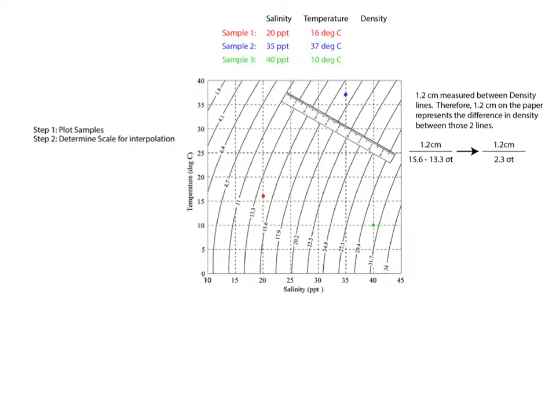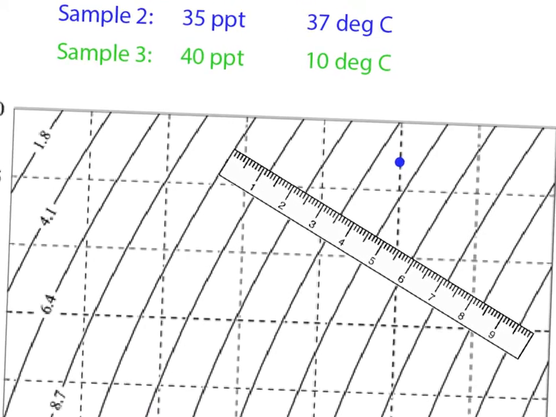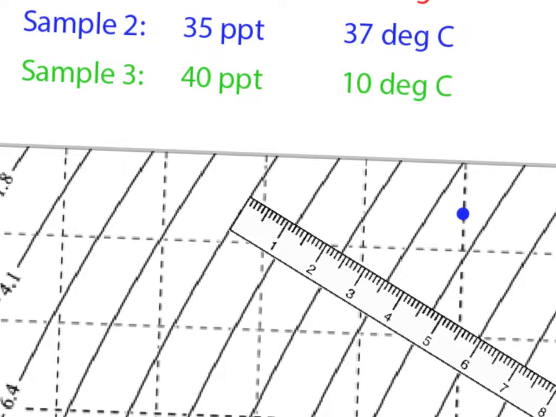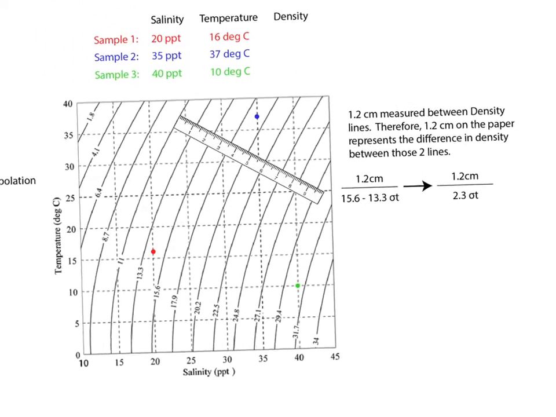We need to measure the distance between 2 of these lines. In this case, according to our ruler, it is 1.2 centimeters between those 2 lines.